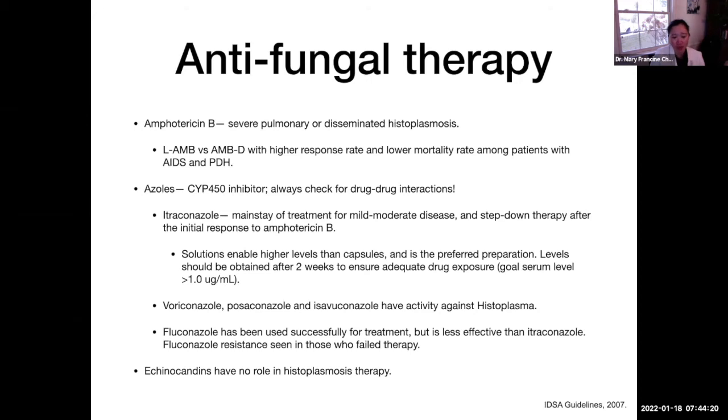And then fluconazole really has been used successfully for treatment, but it is much less effective than itraconazole. And in patients who have failed therapy, they have actually seen fluconazole resistance.